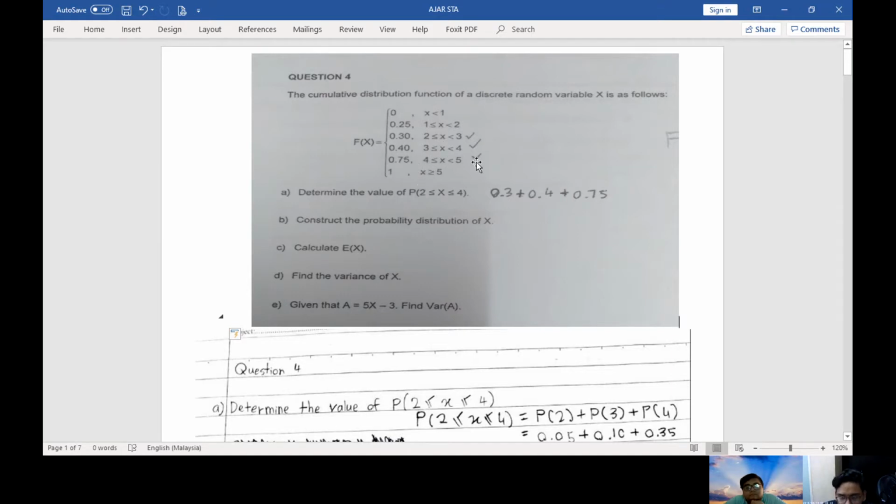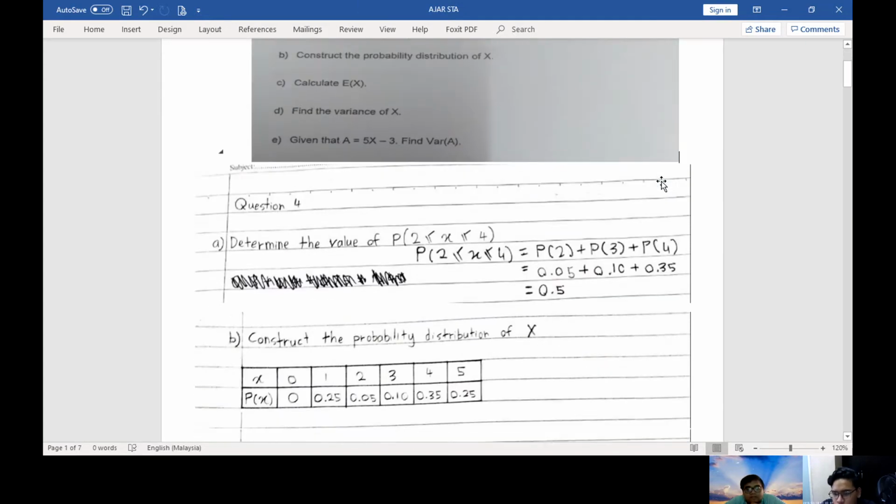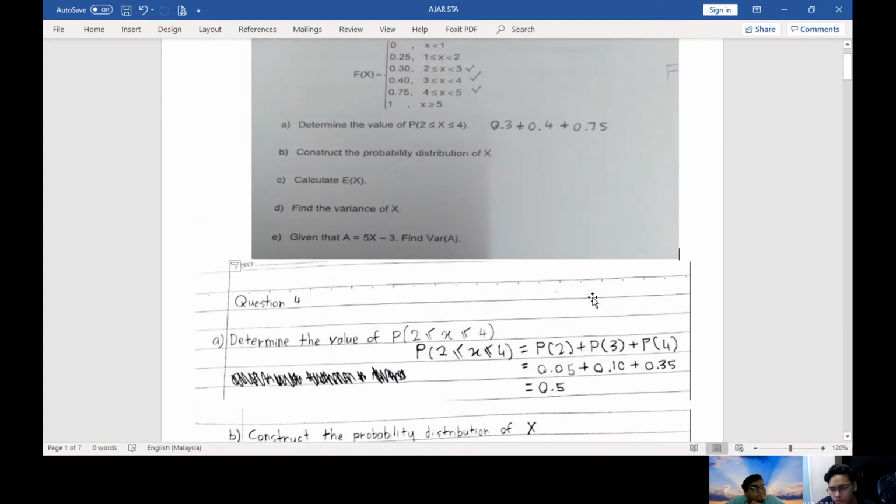But because this is a cumulative distribution function, you need to find the exact values of P1, P2, P3, and P4. Actually, you don't need P1 because the question just wants P2 until 4. So for question A, we just need to find P2, P3, and P4.